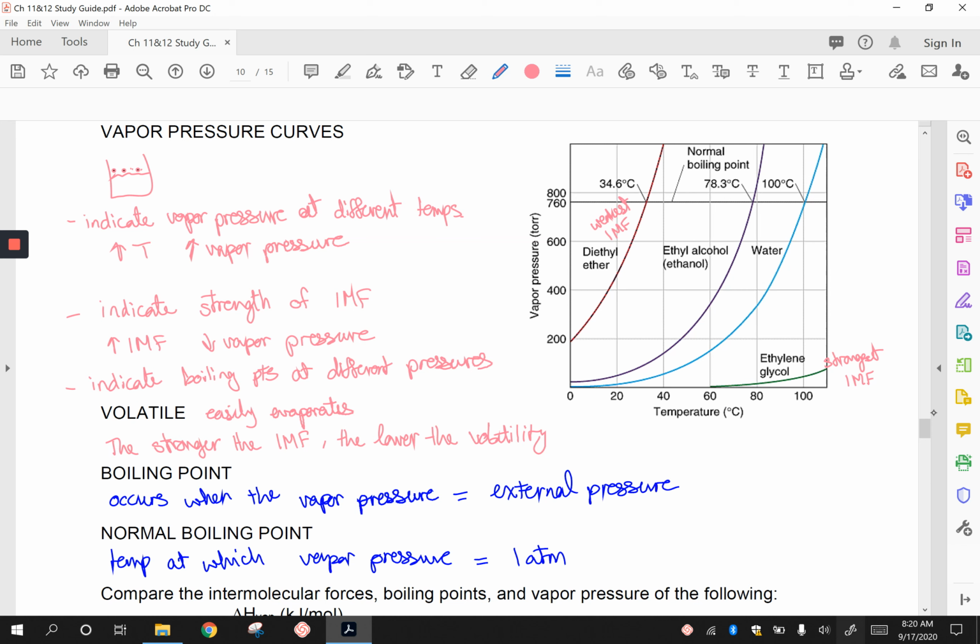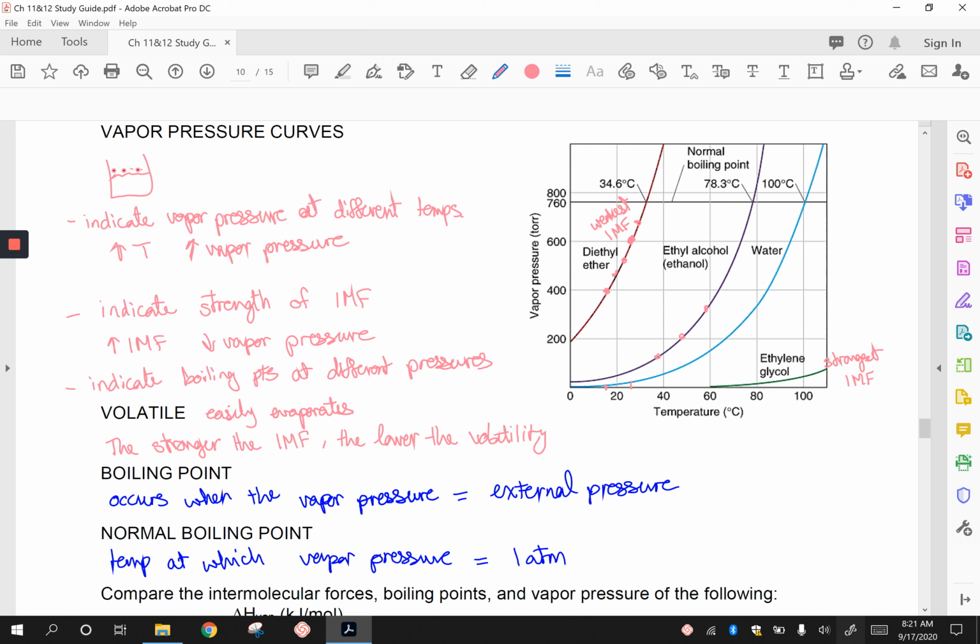And so let's say the external pressure is 600 millimeters of mercury, that means that diethyl ether is going to boil at, let's say, like 25 Celsius, for example, right? If the external pressure, the pressure in the room, is let's say 400 millimeters of mercury, then that means that the diethyl ether is going to boil at 17 Celsius or so. So these are all boiling points that are being shown here.